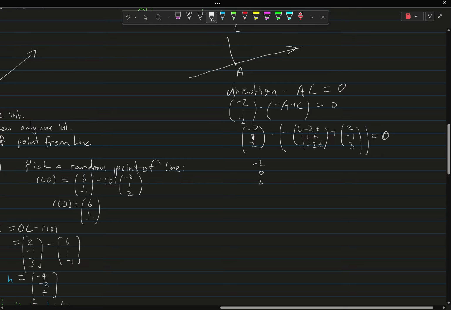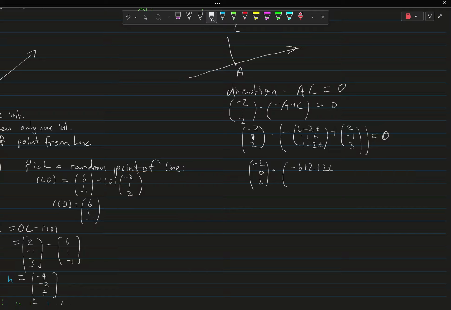So negative 2, 0, 2, dot product, negative 6 plus 2 plus 2t, negative 1 minus t, 1 plus 3 minus 2t, equals 0. Negative 2, 0, 2 dot negative 4 plus 2t, negative 2 minus t, 4 minus 2t.